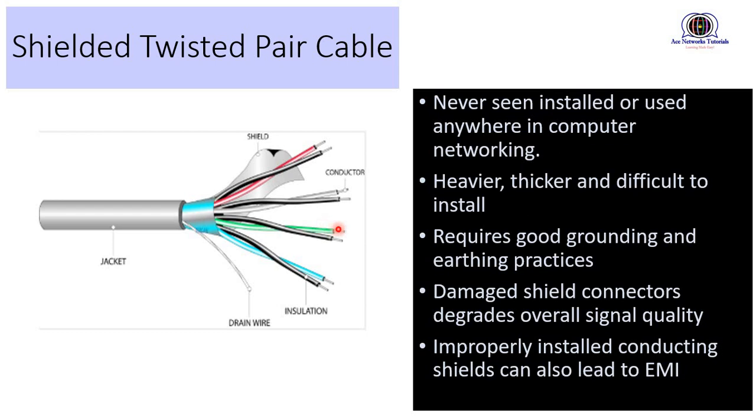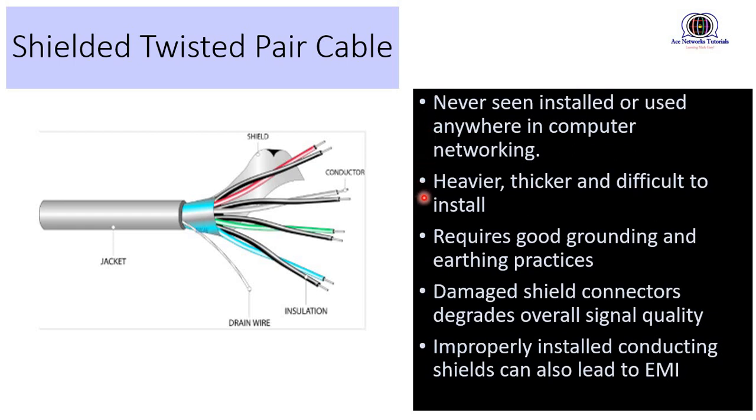The conductors are coated with colorful insulation, which is again protected by a copper shield. This copper shield is again protected by a plastic jacket. The entire thing forms our cable.